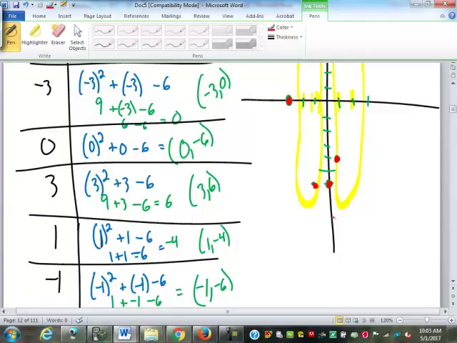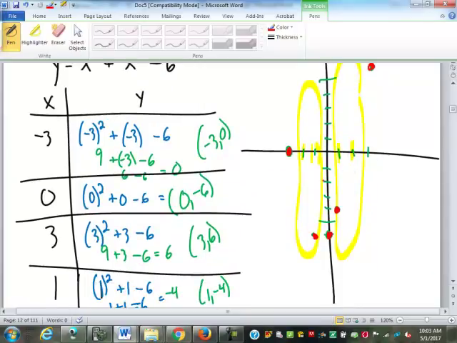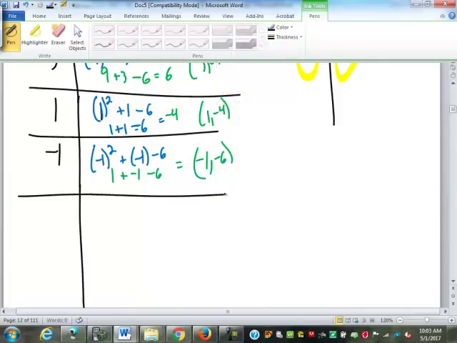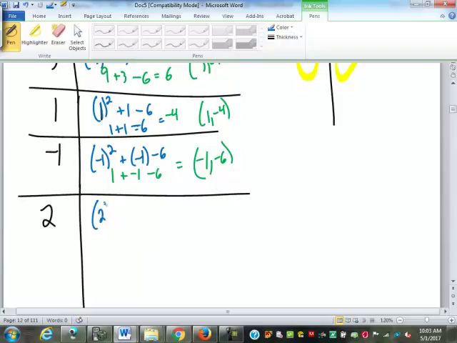Looks like that. To give me a little bit better idea, I'd feel better. Let's pick +2 here and put that in. X is +2. Y is 2 squared plus 2 minus 6. Comes up to be 0.